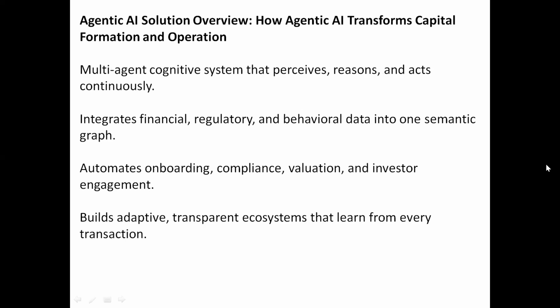So agentic AI transforms capital formation and operation, and I focus on formation and operation. On formation, I spent 3 years on it. I had a very innovative business model, replacing, for example, the traditional leveraged buyout with a private equity business model, and I promoted my model and tried to get investment, but I had a harder time.